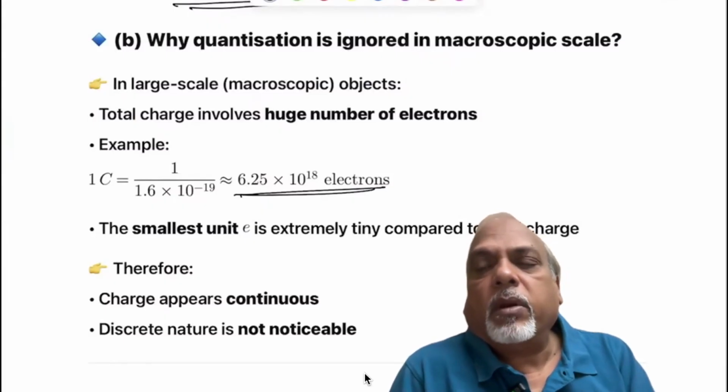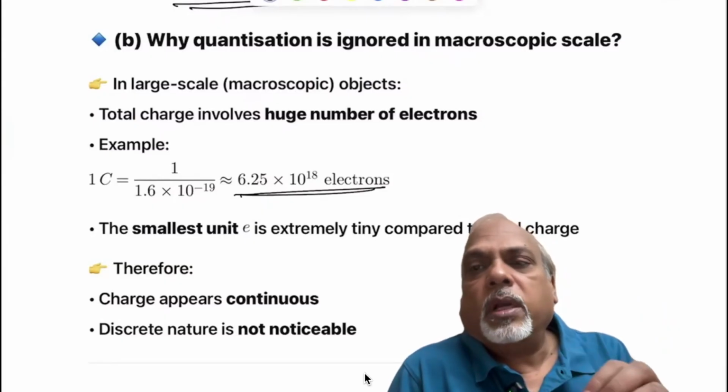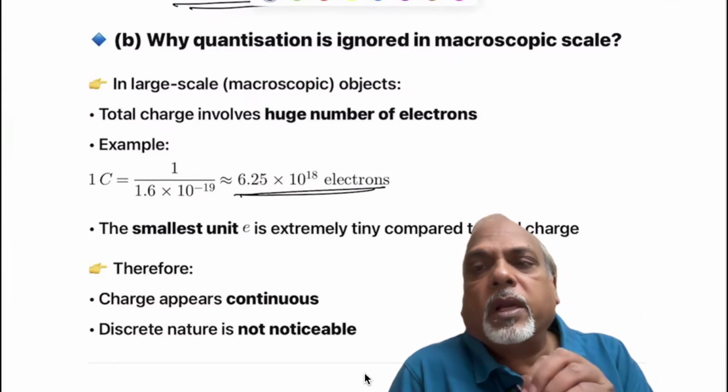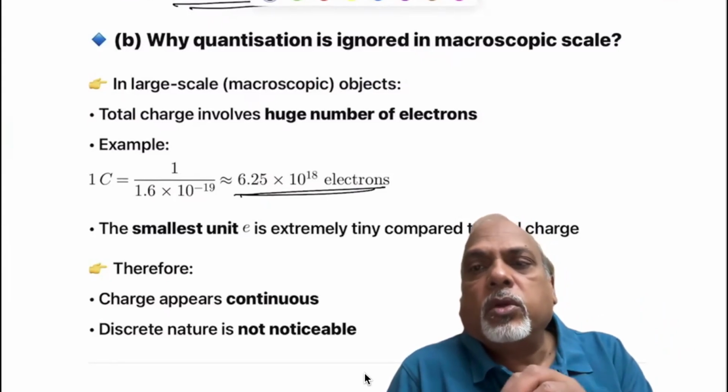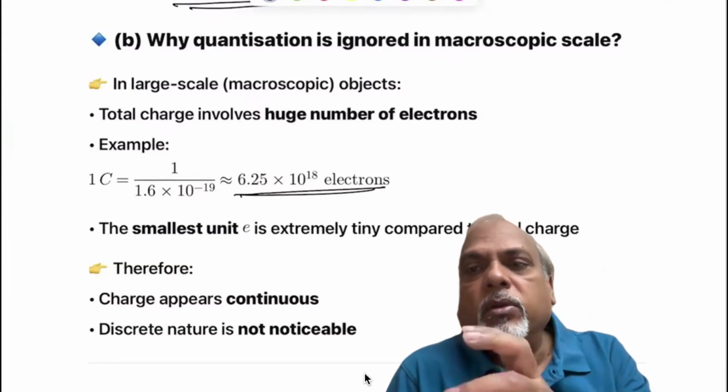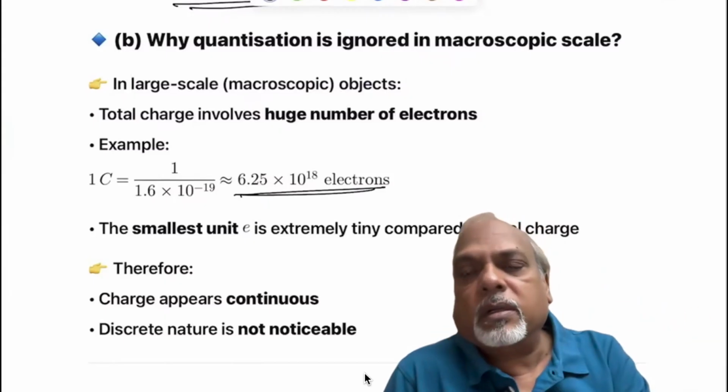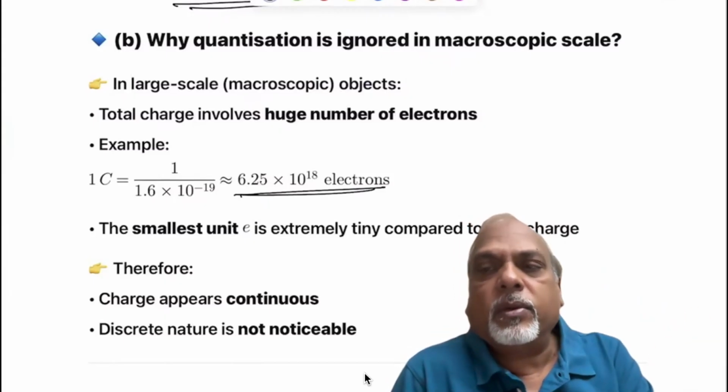Like you must have seen water, in which water molecules are there. One mole of water contains 6.022 into 10 raised to 23 molecules. Can you see the molecules? No. You see the continuous water. Same case is here also.